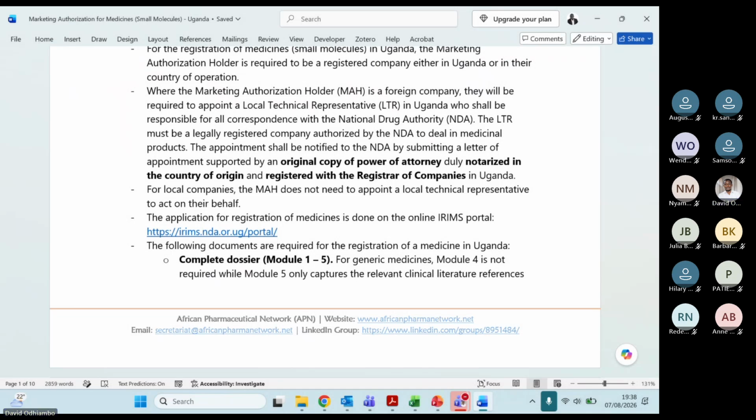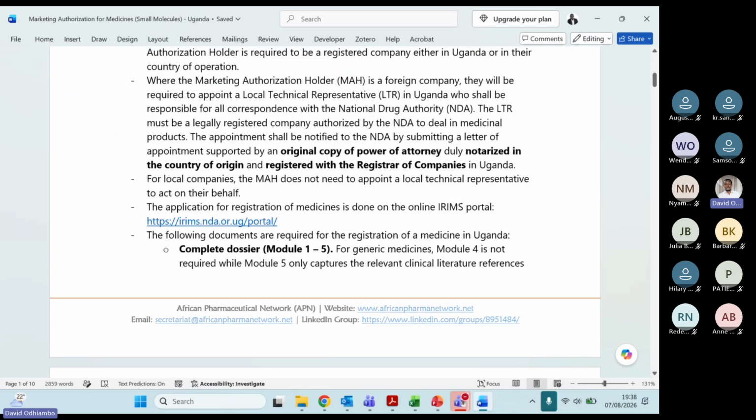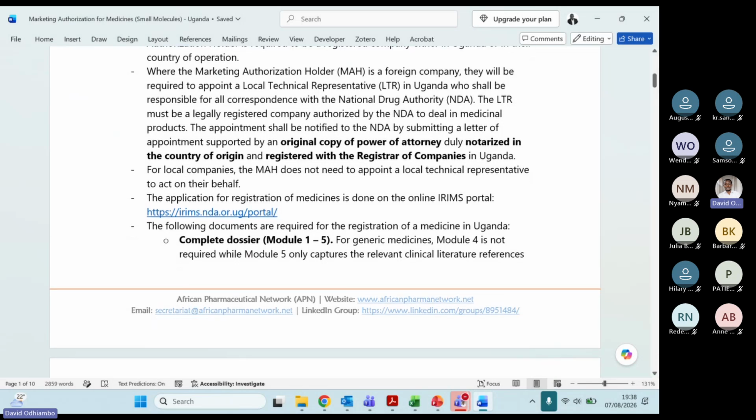For example, if I'm based in Nairobi, Kenya, I'm manufacturing my medicine in Kenya, and I want to appoint a local technical representative in Uganda, I will identify the company, write a letter of appointment, and then the power of attorney, which is the legal document confirming that appointment, which is to be registered by the different governments from a legal standpoint, must be notarized in our country of origin, which is now in Kenya, with either the Attorney General's office or through the Embassy of Uganda, so that it's something that is actually validated.